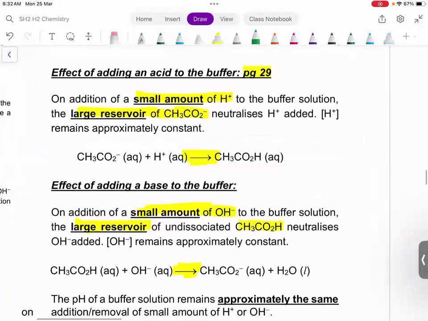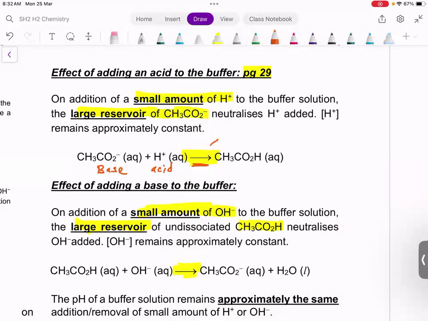Okay, so this is what you're supposed to see. Sometimes an A-level question will ask you to demonstrate your understanding of the buffering action of a buffer through the use of an equation. Please take note, the equation uses an irreversible sign, because it's an acid-base reaction.